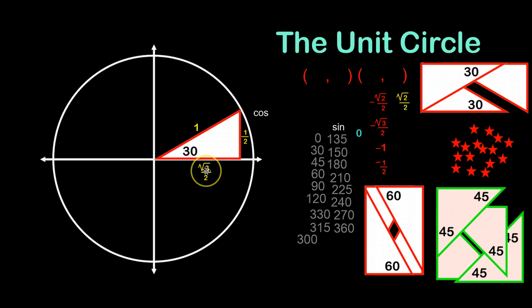The adjacent side is the root 3 over 2, and the hypotenuse is 1. And you know that anything over 1 is just whatever it is. So root 3 over 2 over 1 is just root 3 over 2. So the cosine value of 30 degrees is always root 3 over 2.